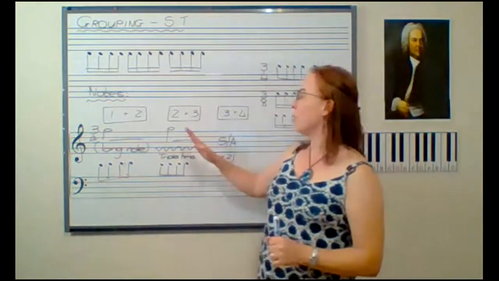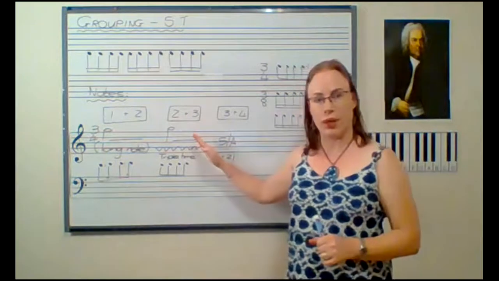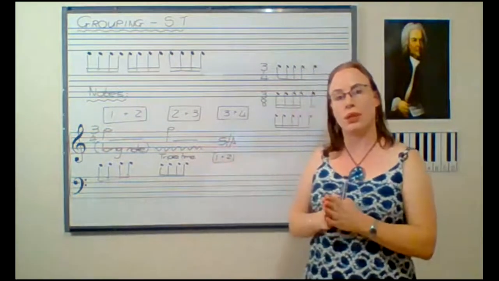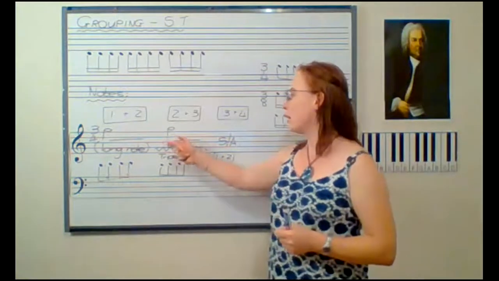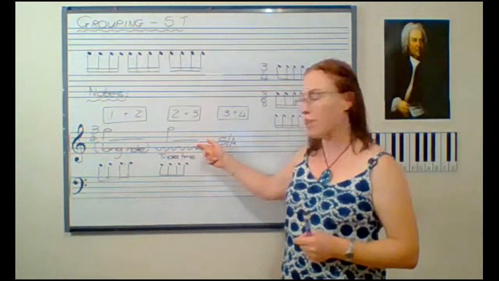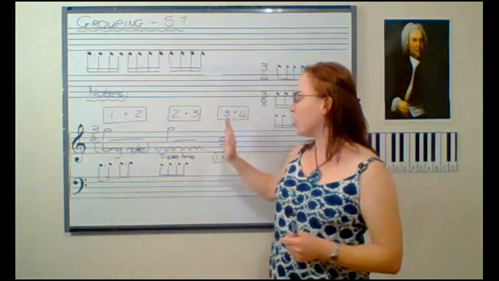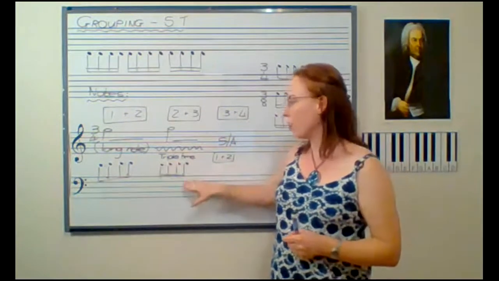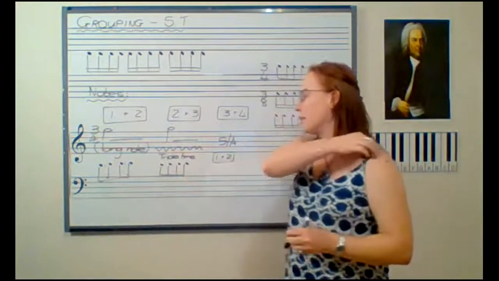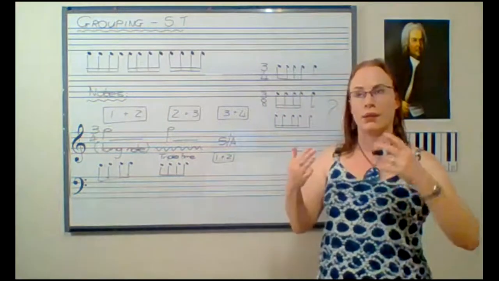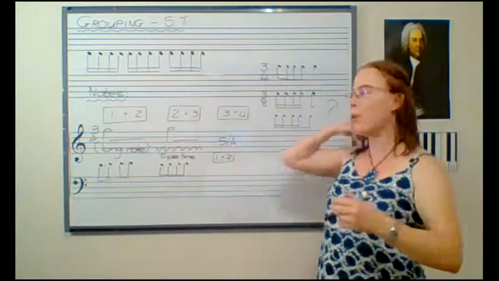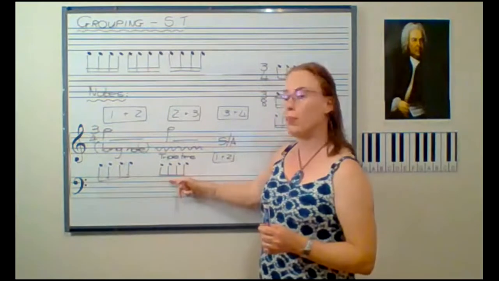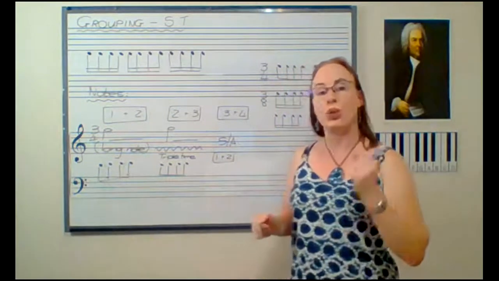Then, if you look at 2 and 3, whenever beat 1 and 2 consist of a long note, you can just write it as one long note. Then, when it gets to the grouping of 4 notes, in this case, say 3 over 4 or 2 over 4, you can only group them together if it's in triple time.